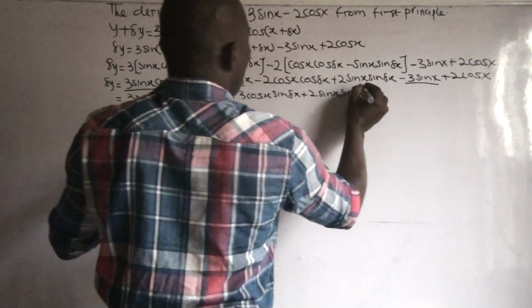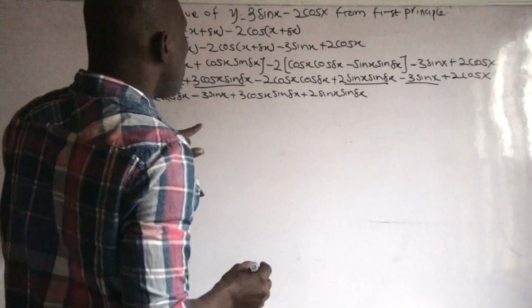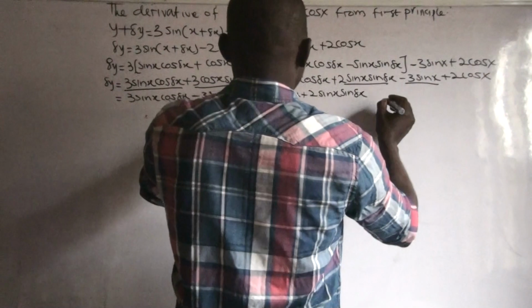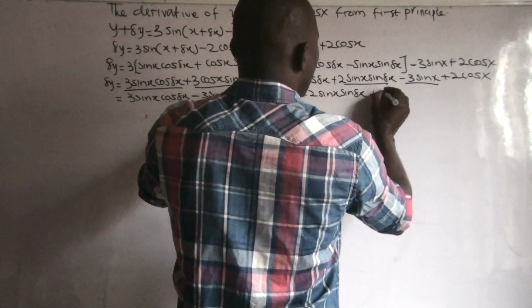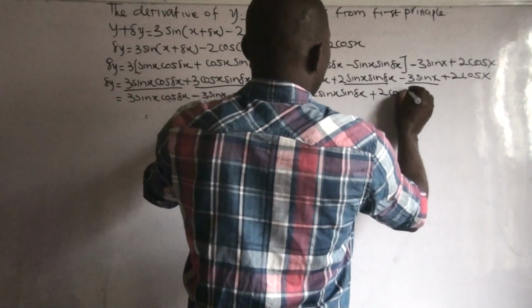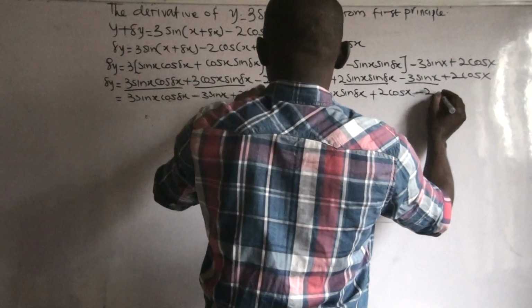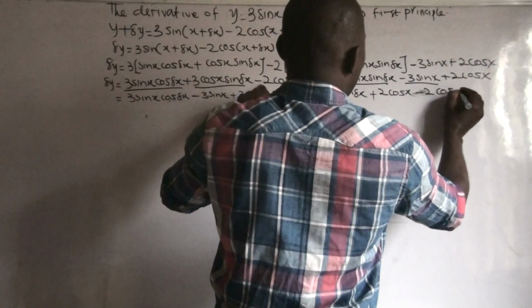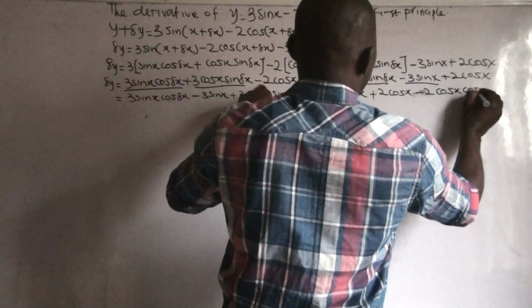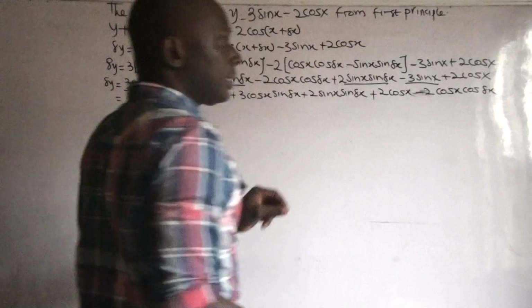So we have treated this. We are left with plus 2 cos x minus 2 cos x cos delta x.